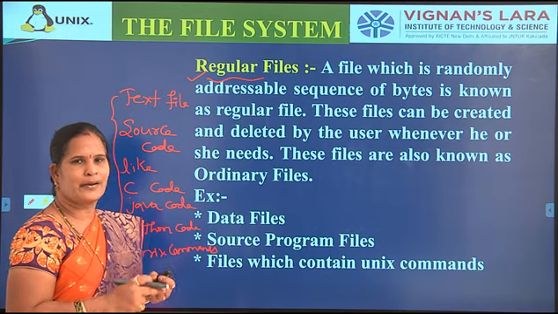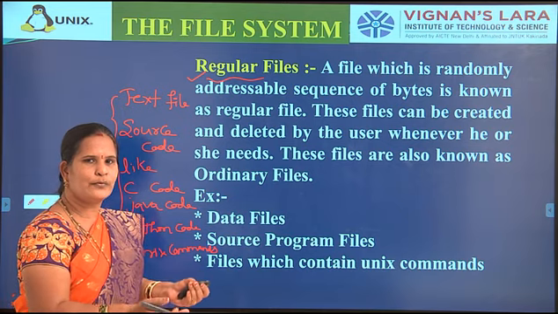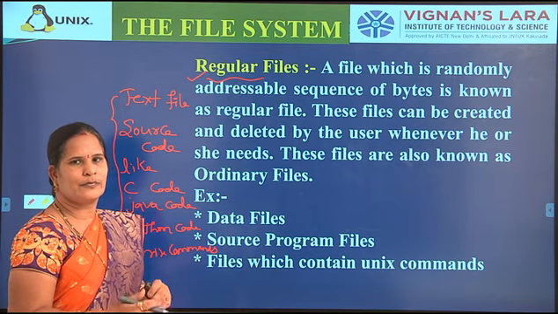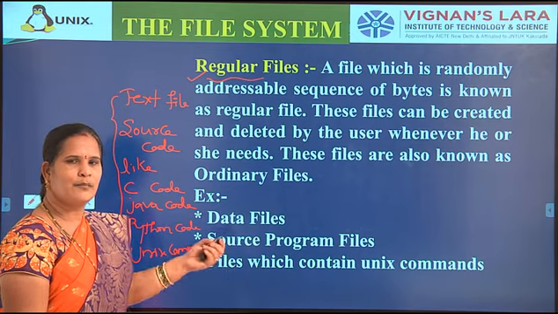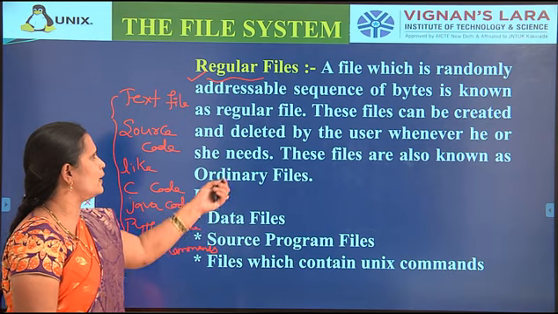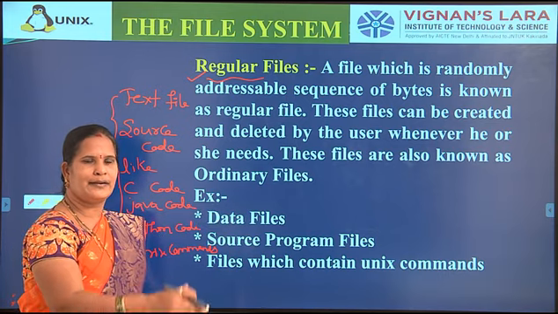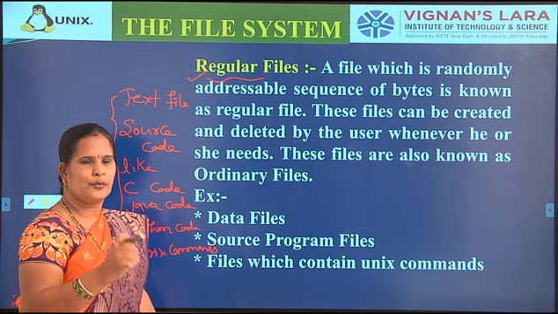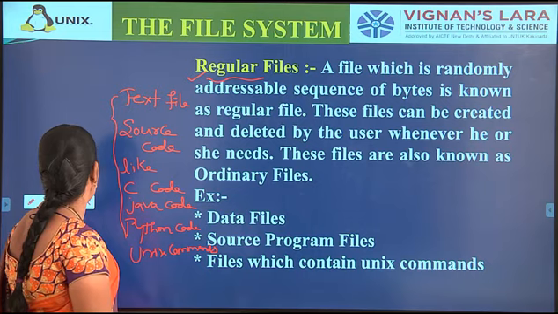Next, it also contains commands. These files are created by the user and deleted by the user according to the user's wish. We can create a file, and similarly we can remove the file according to our wish. So a regular file contains text, programs and commands. This is about the regular file.